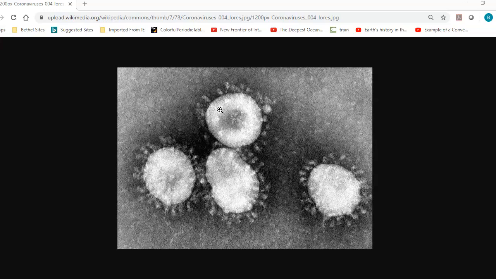It can go directly to a ribosome, and it sort of hijacks that cell's own machinery, if you will, and the cell begins to produce viral proteins instead of the normal proteins that the cell would produce through the normal transcription translation process. And so that's something we're going to see with a number of viruses we'll talk about today, but that's one of the ways that the coronavirus gets in.